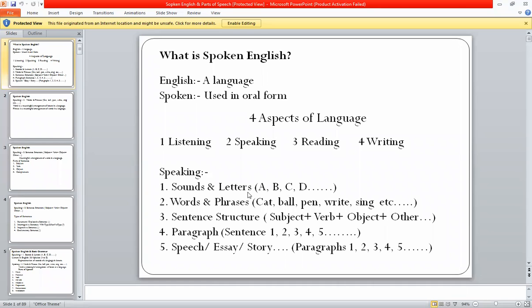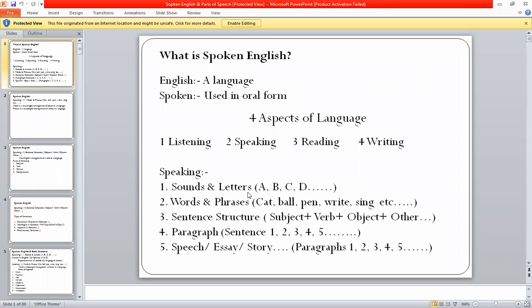So if A is the letter or alphabet, then its sound is like O. If B is the letter or alphabet, its sound is like B. For C, this is the alphabet, its sound is S or K. Then for D, D. For E itself.